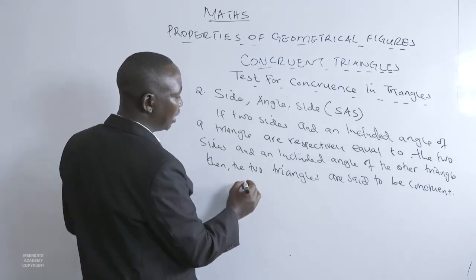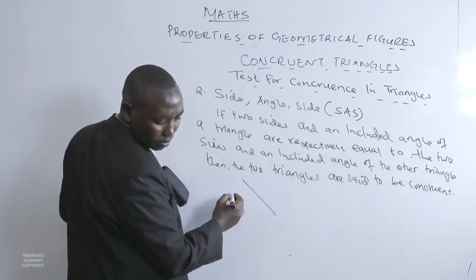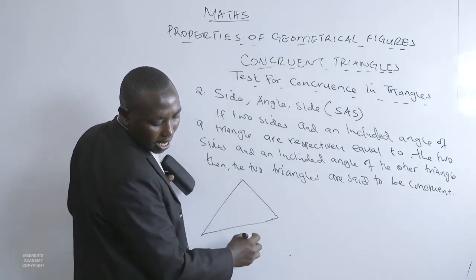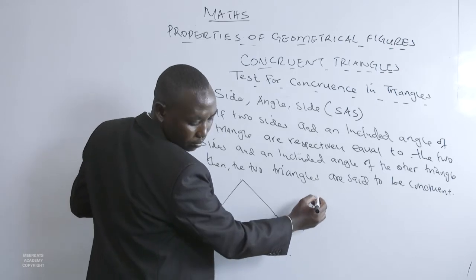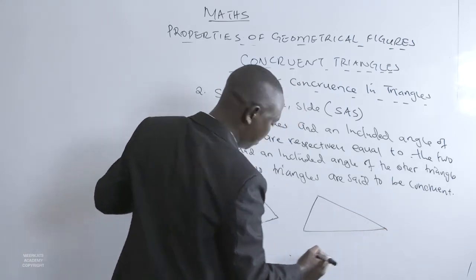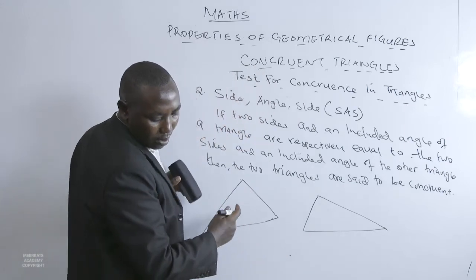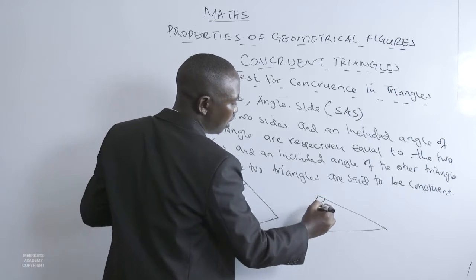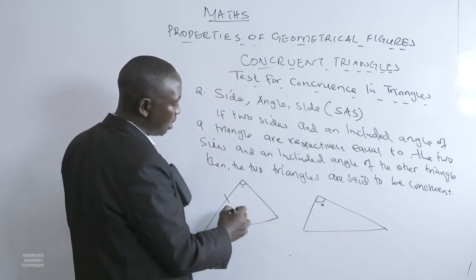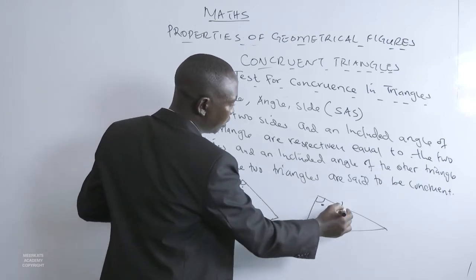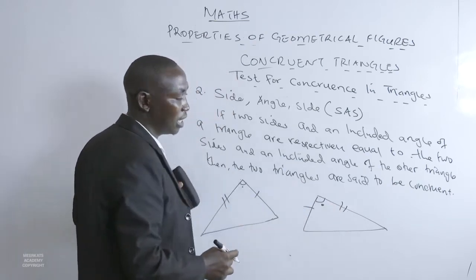In this particular case, we can have these two triangles where we are told that this angle and this angle are equal, then this side is equal to that side and this side is equal to that side.